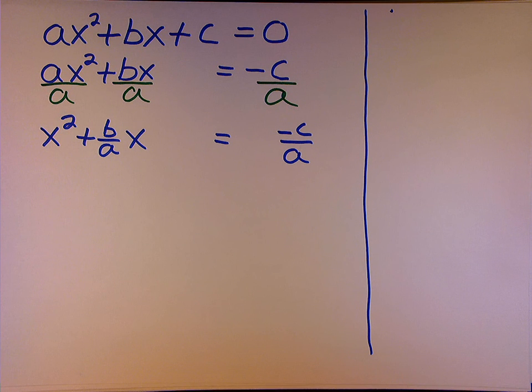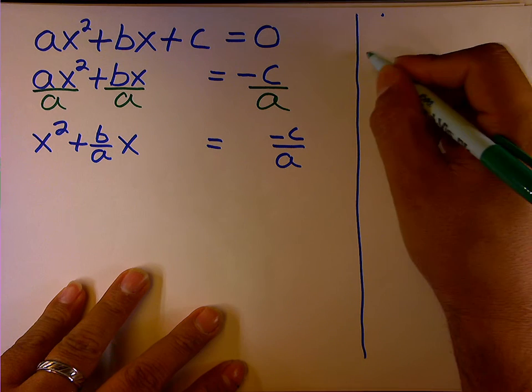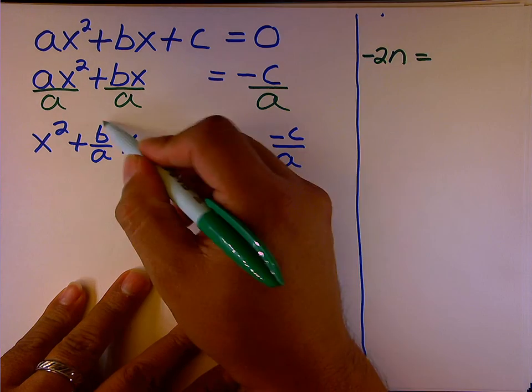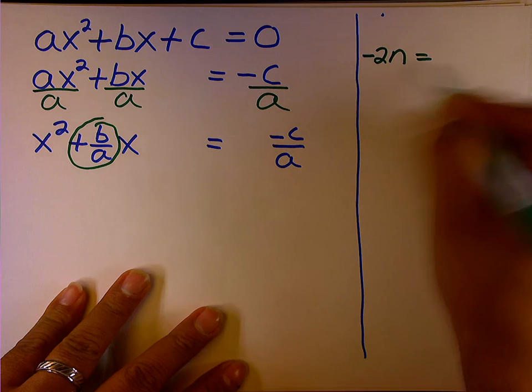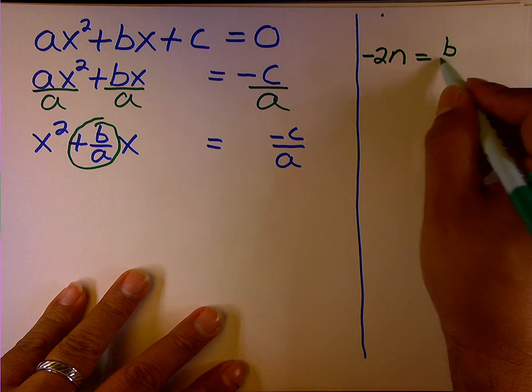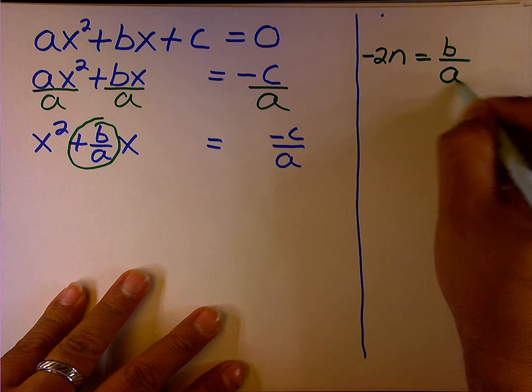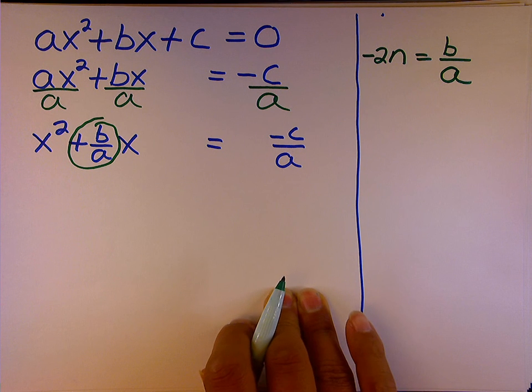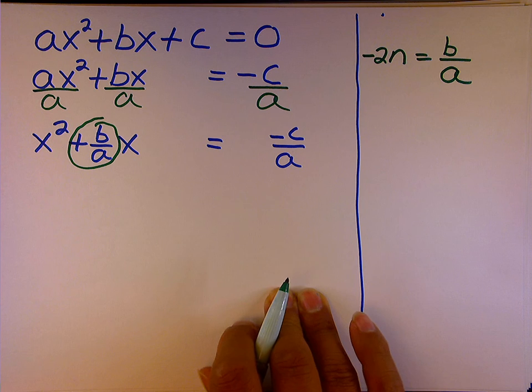I am now going to generate a perfect square trinomial by identifying n and n squared. I will start this off by allowing negative 2n to equal the number in front of x. I will now solve for n by dividing both sides by negative 2.